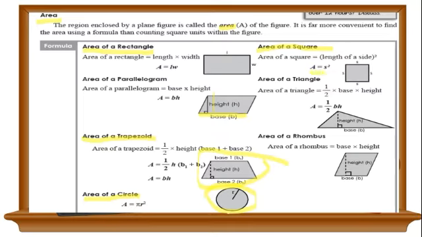Next, area of a triangle. Area of a triangle is equal to 1/2 times base times height. Teacher, what if it is a regular triangle or an equilateral triangle? It is still the same: 1/2 base times height.